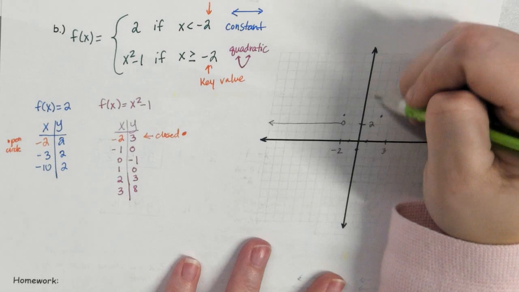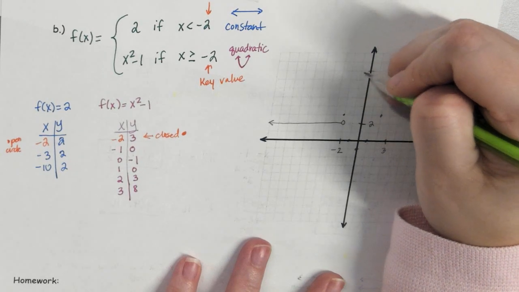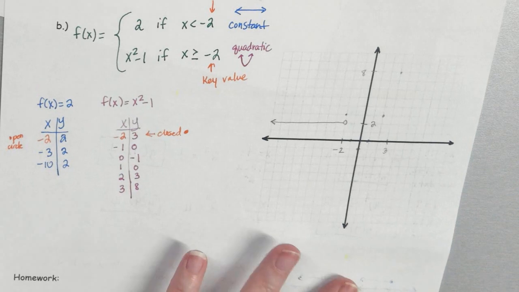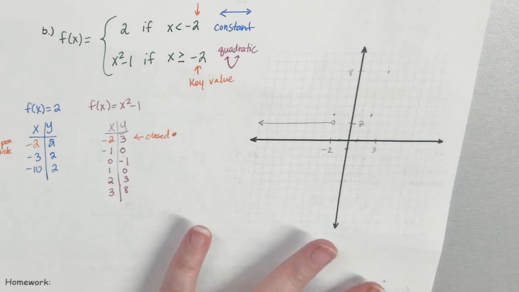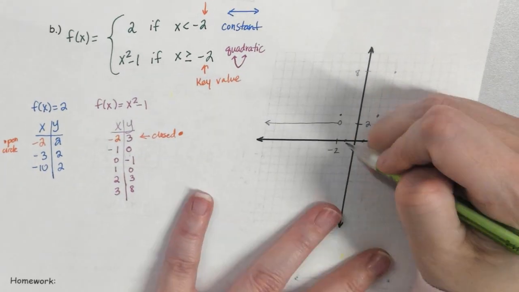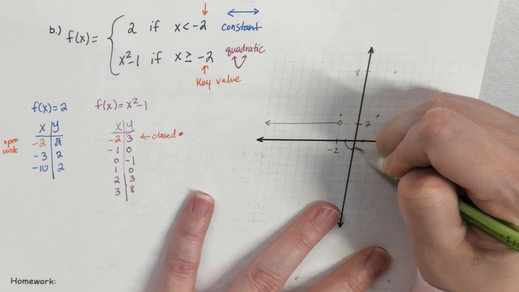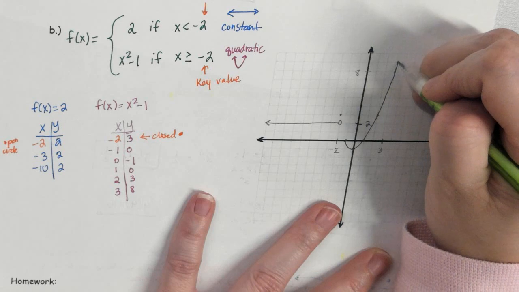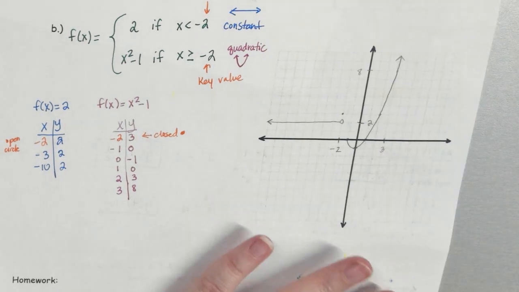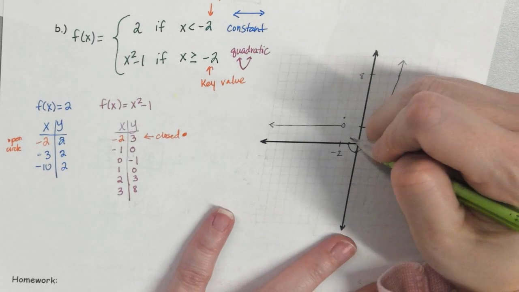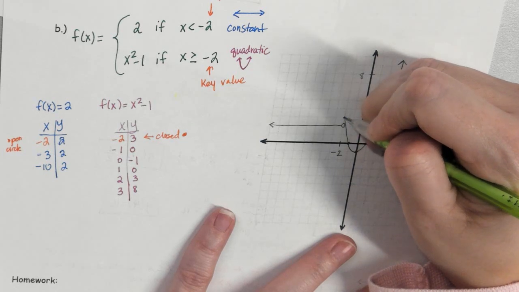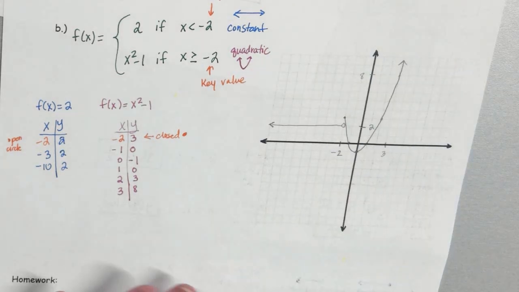This is 3, 9, 8. And then when you connect these, you're connecting them with a curve. I like to do this side together to get that rounded value. And then I'm going to connect this side. There we go.